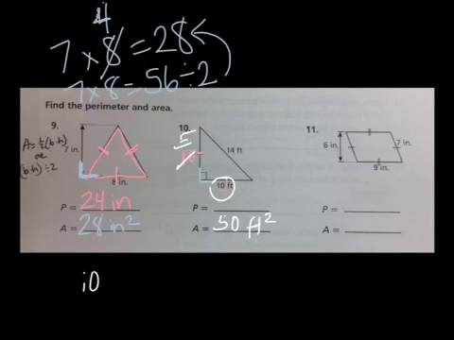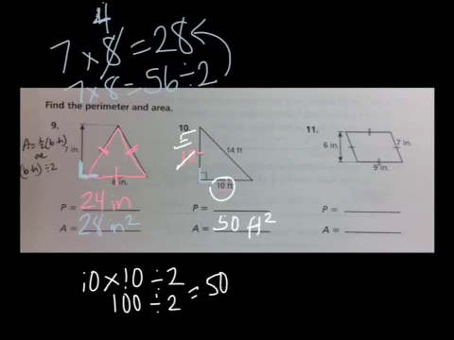Again, I could have left it as 10 times 10 and then divided that by 2, which would have been 100 divided by 2, which would have still gotten me 50. I just find it easier to half one of the sides when I can. The perimeter is 10 plus 10 is 20, plus 14 is 34 feet.